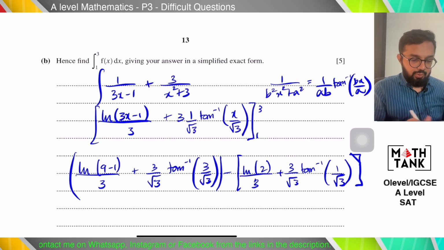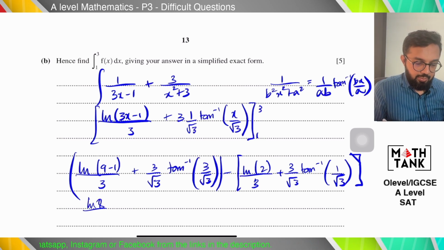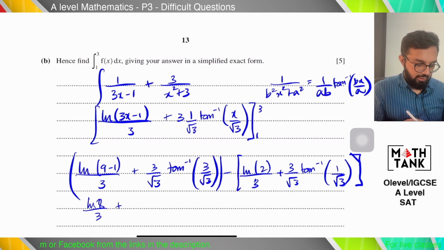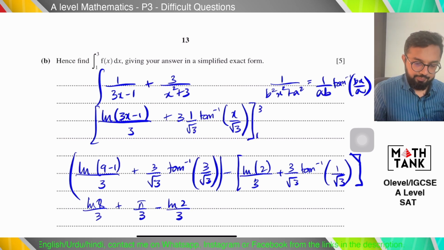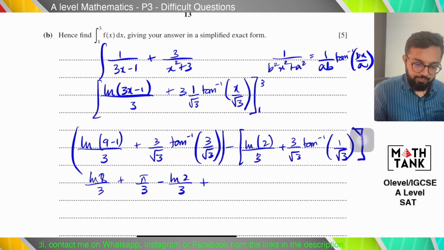Okay, so ln 8 divided by 3 tan inverse of 3 over root 3 is pi over 3, 3 over root 3.